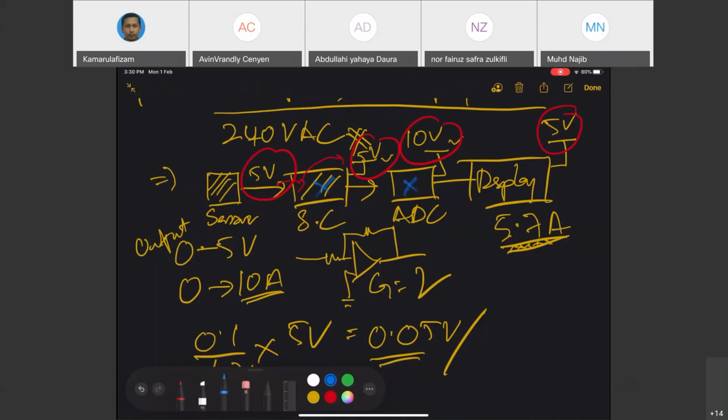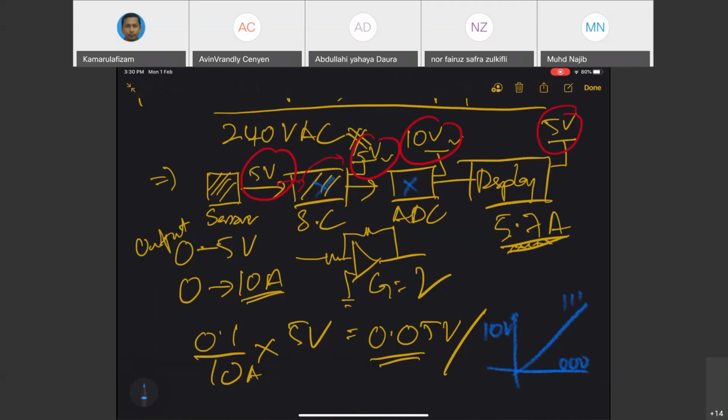Okay. And then I'm sending my information to ADC. The ADC basically has 10 volt operating voltage, all right, my full scale ADC from 0, 0, 0 to maximum of 111 would be to the 10 volts, all right.